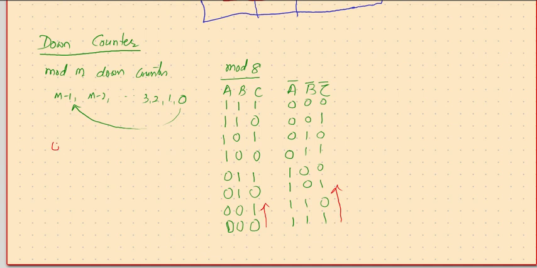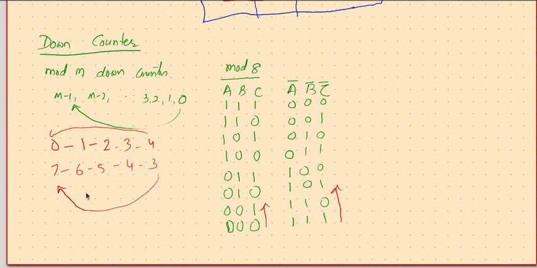Instead, if you are talking about a mod 5 counter 0, 1, 2, 3, 4, and then back to 0, then what you get is the complement of 0 is 7, 6, 5, 4, 3, and then back. No, this is not what we wanted. We wanted 4, 3, 2, 1, 0, 4, 3, 2, 1, 0, and so on.